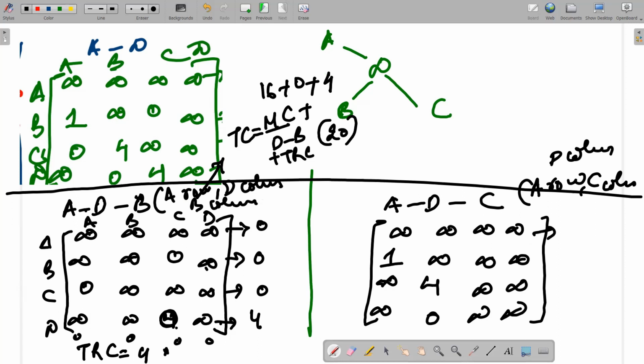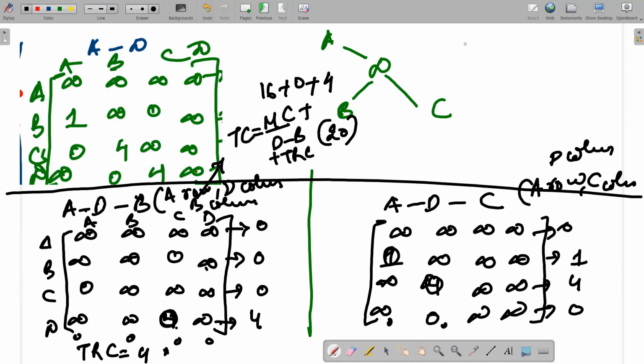Let's calculate this answer. 0, 1, 4 and 0, right? 1 plus 4 becomes 5, right? So this becomes 0, this becomes 0, and again 0, 0.